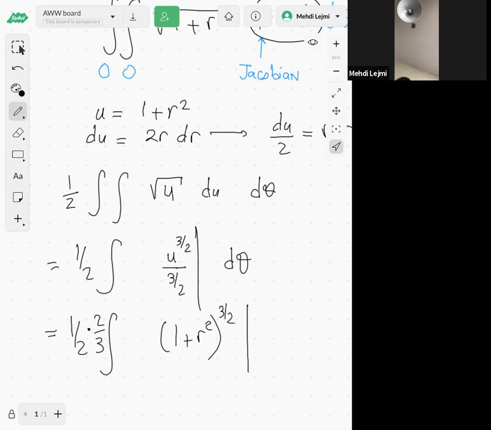And this is evaluated with r from 0 to 2, and theta from 0 to pi over 2, d theta. All I'm saying here, guys, is that u is equal to 1 plus r squared. Then you just have to evaluate at r equals 2 and r equals 0, etc. And then it's actually easy to compute.